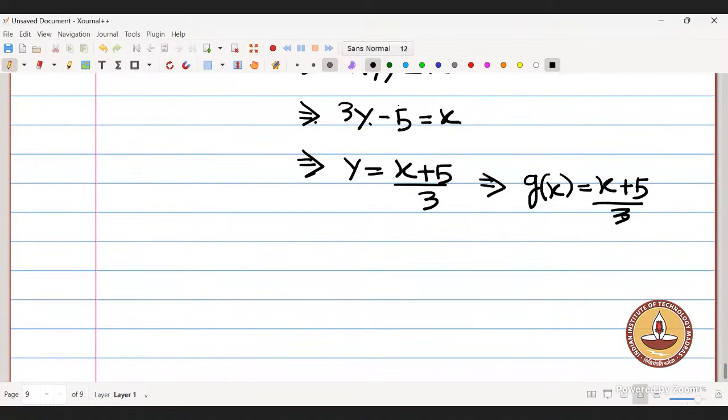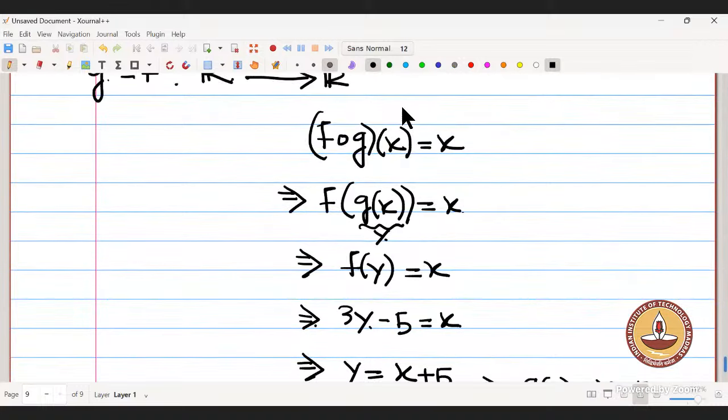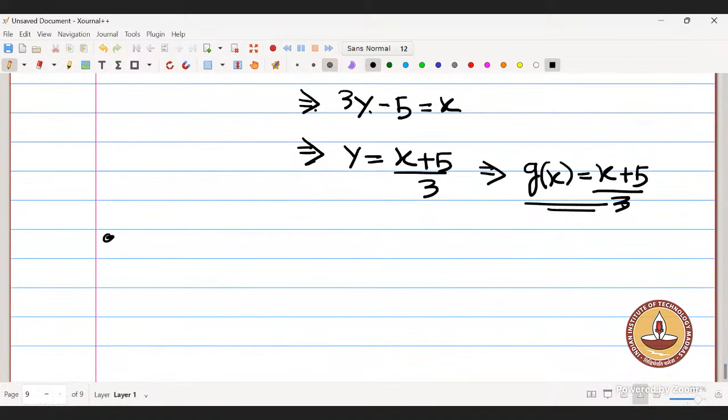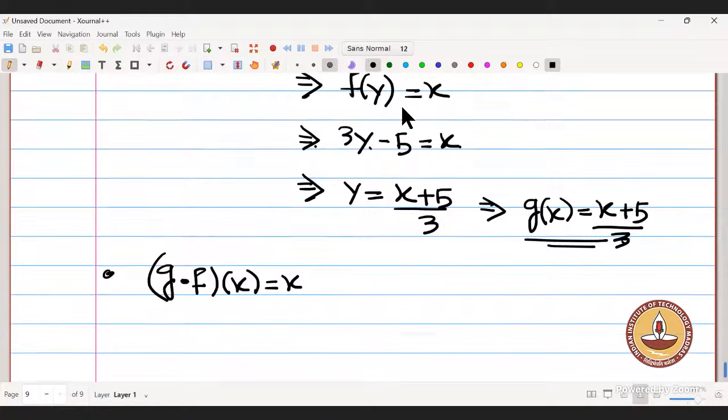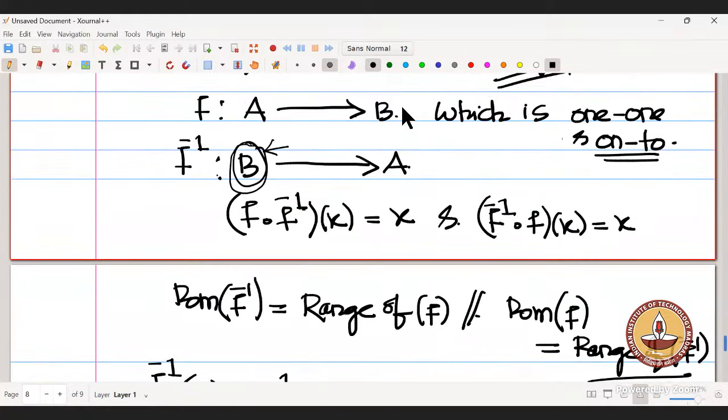Okay, so the last thing you need to check is whether they satisfy this condition. You don't have to check the other one. The only thing you need to check is that you have a function which satisfies these two conditions, right? Yeah.